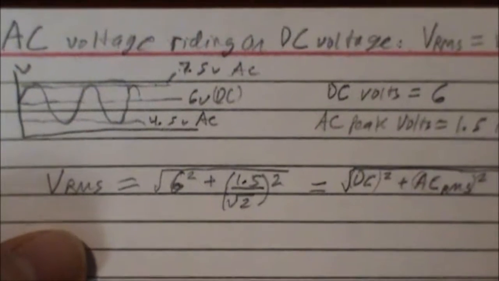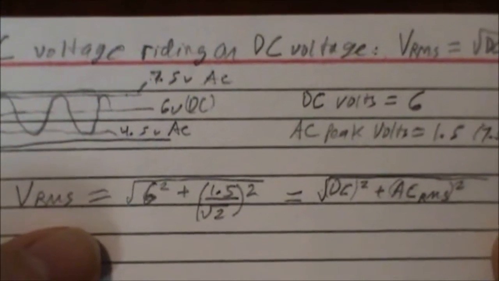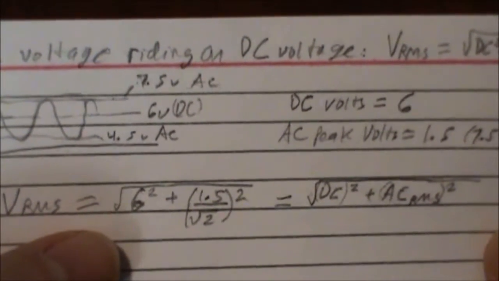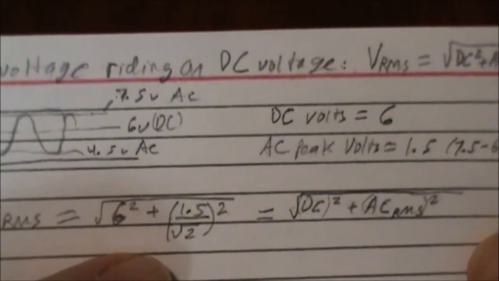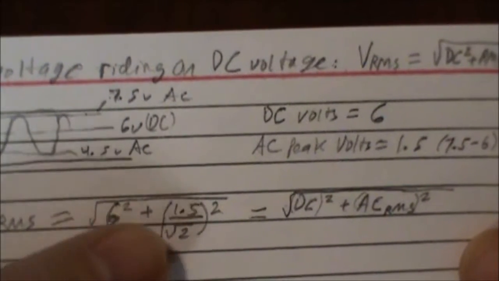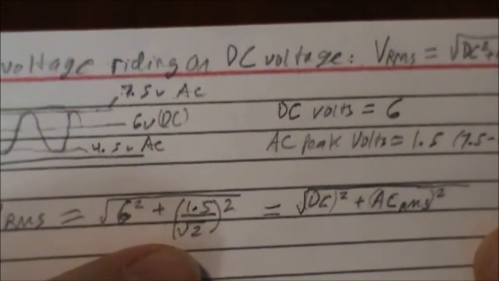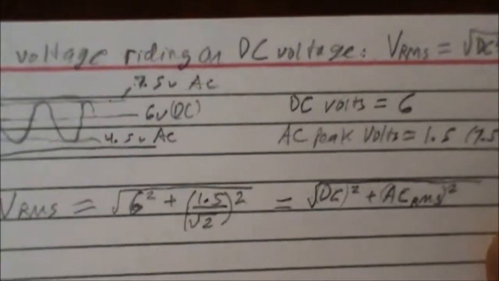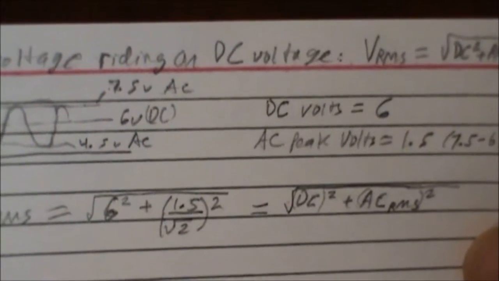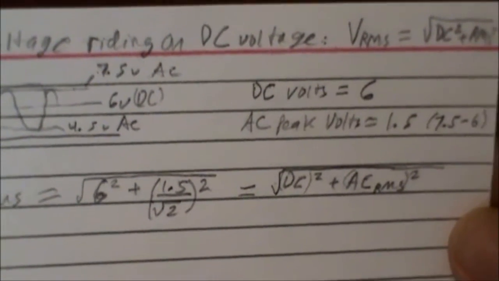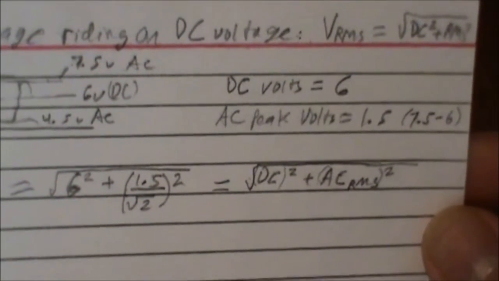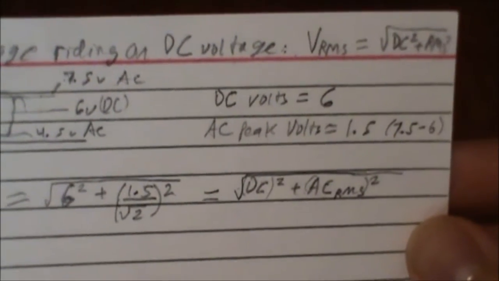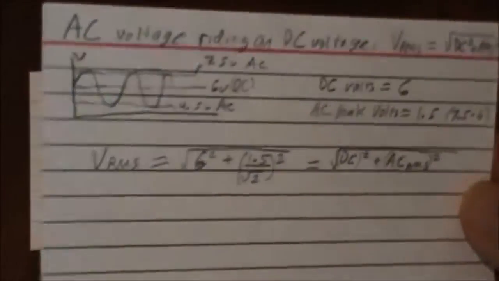So the RMS voltage is equal to the square root of 6 squared plus 1.5 over the square root of 2, squared. So see, 1.5. There's a relationship between peak and RMS voltage. You divide the peak by the square root of 2. And that will give you your DC squared plus AC RMS squared. You might see that now and then.